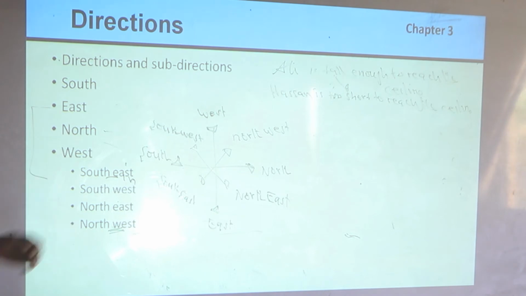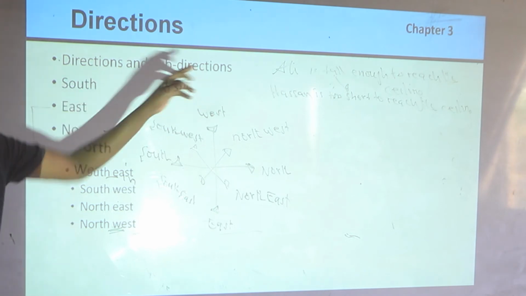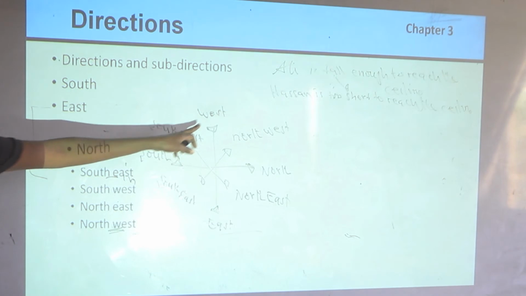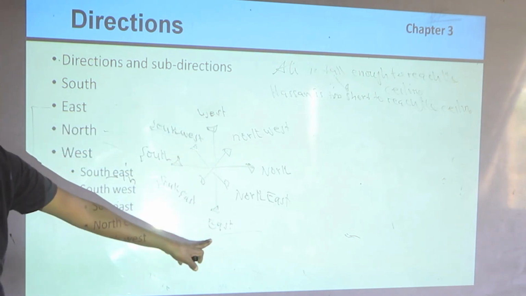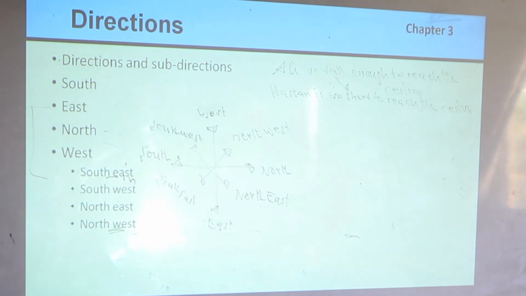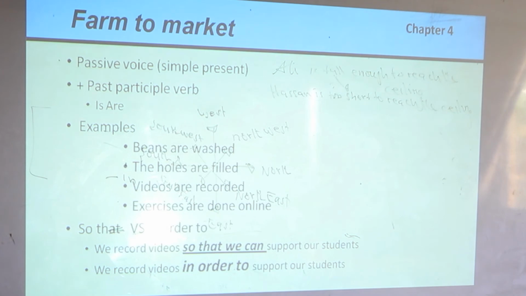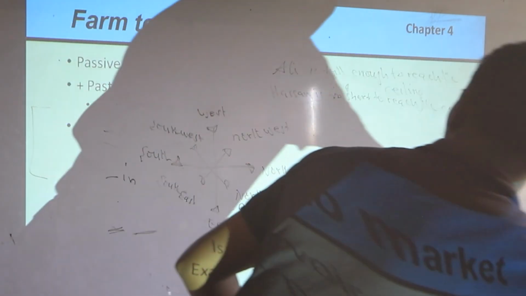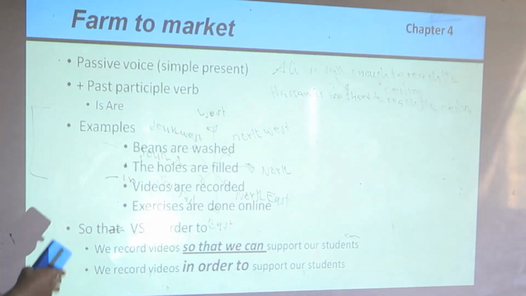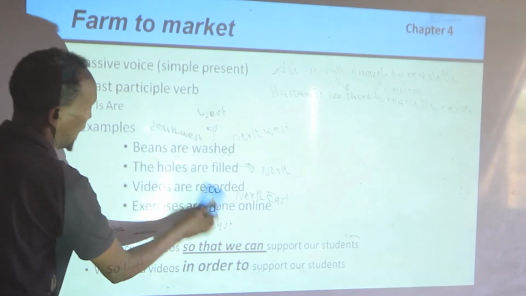So this is what we call directions and the sub-directions. The directions are the 4 directions, that is west, east, north, and south. And in between we have southeast, we have southwest, we have northeast, and we have a northwest, right? Okay? I think you're okay with that.